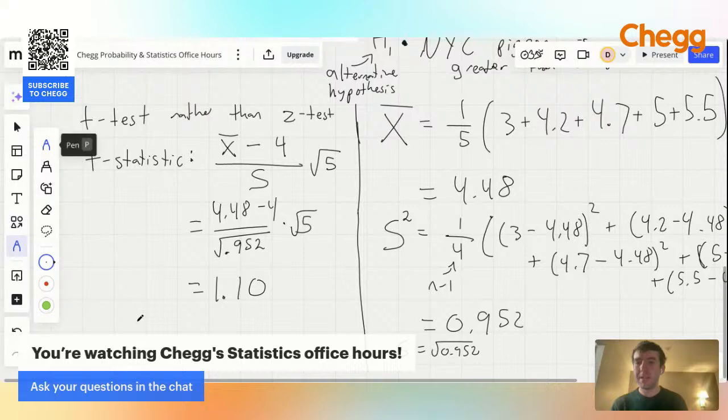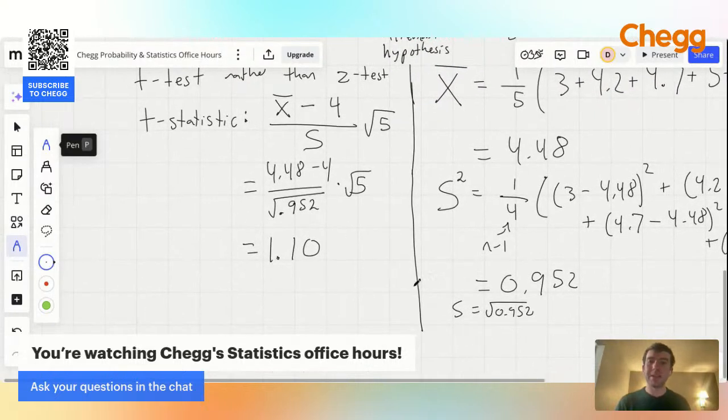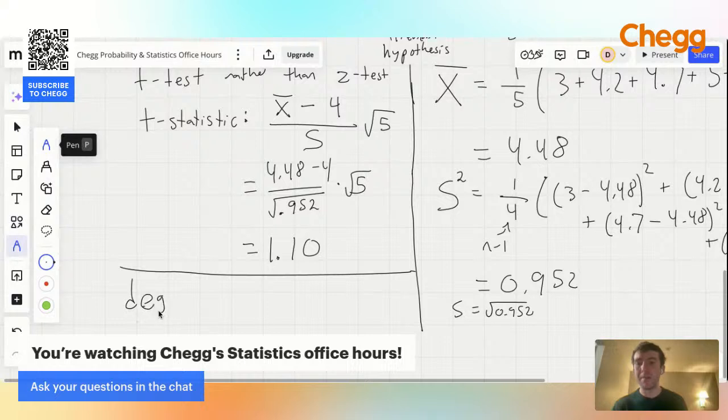Now the critical t-value. This is something that is easy to get confused on. We can look at tables for critical t-values, and we need to know the degrees of freedom when we look this up in the table. The degrees of freedom here is n minus 1, which is 4.